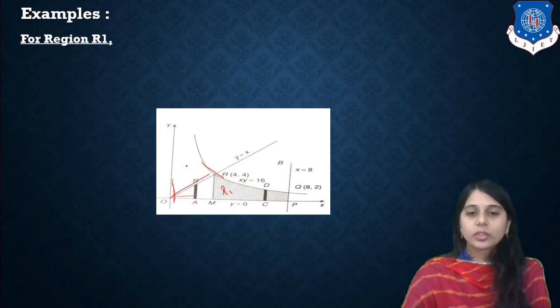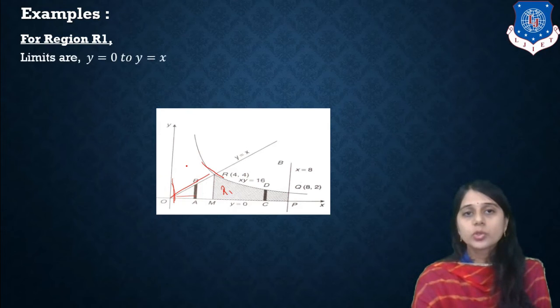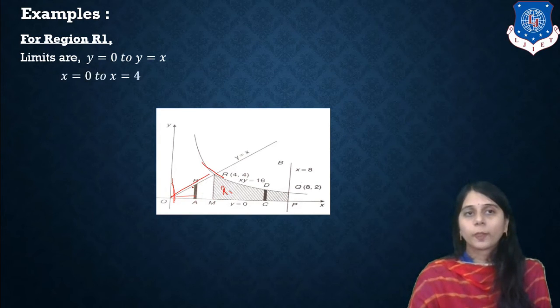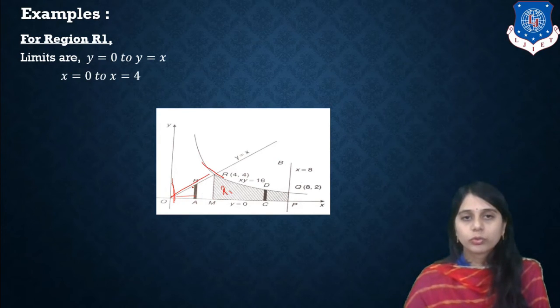So for the region R1, y equal to 0 to x, and x equal to 0 to 4. Because a line is considered here, x is fixed from 0 to 4 and y changes from y equal to 0 to this line y equal to x.